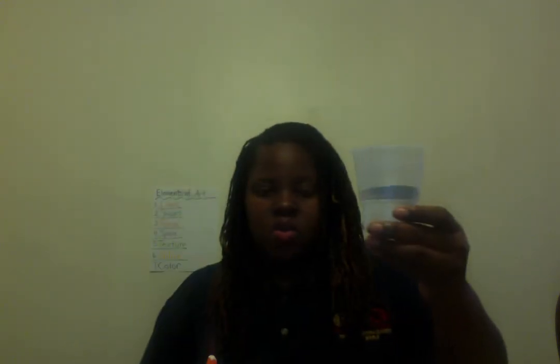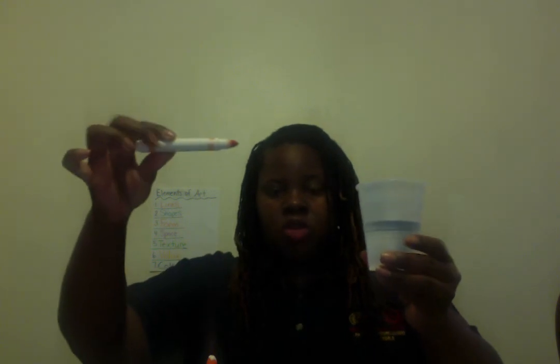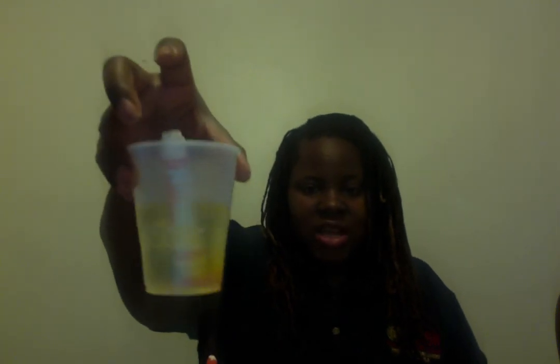Taking your water, a cup, and adding water, and taking an old dried out marker and just sitting it inside and letting the color that is left filter into the water. And you'll just sit it to the side for a few hours until all the color comes in. You can shake it up occasionally just to give it some little encouragement to change colors.